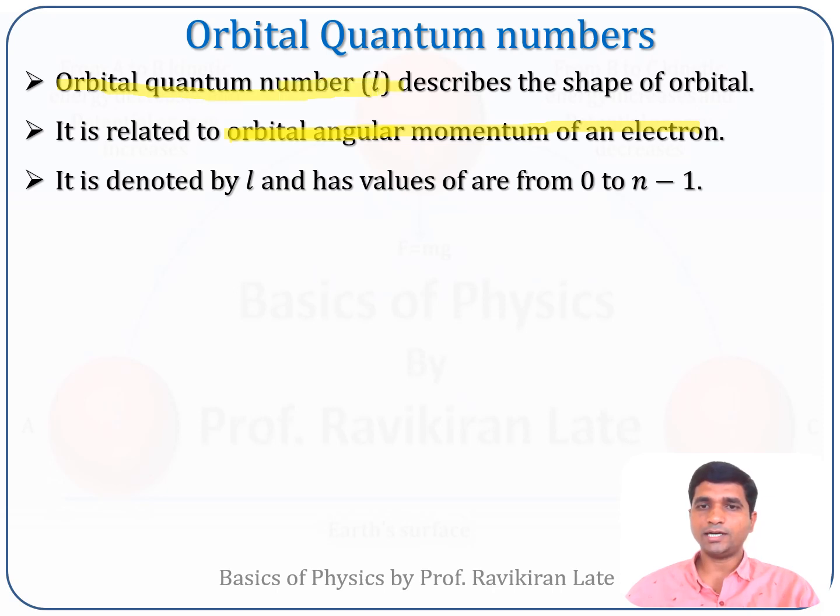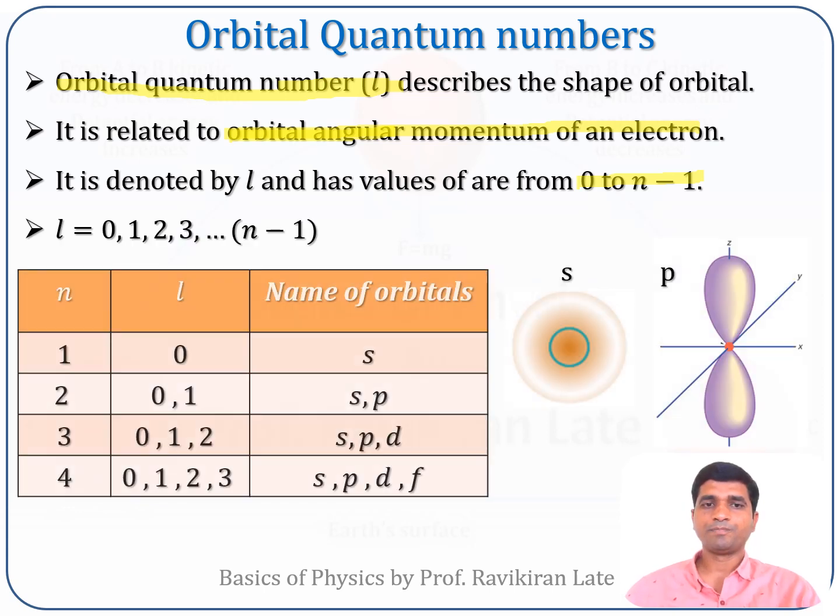It is denoted by the letter L, and it can take values 0, 1, 2, 3 and so on up to n minus 1. This means for a given principal quantum number there will be n orbital quantum numbers, with values from 0 to n minus 1. We'll calculate some of them.